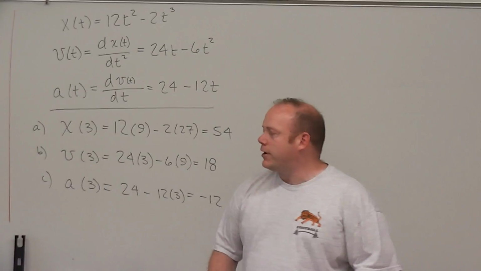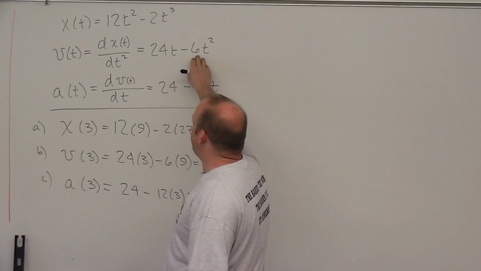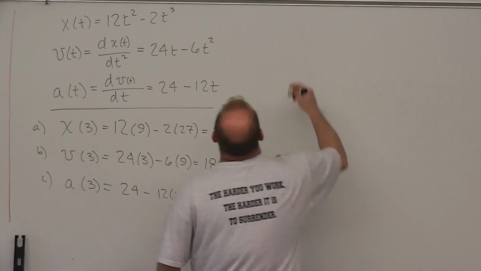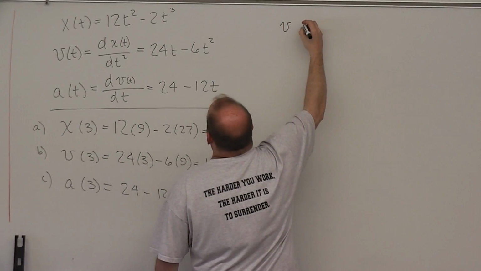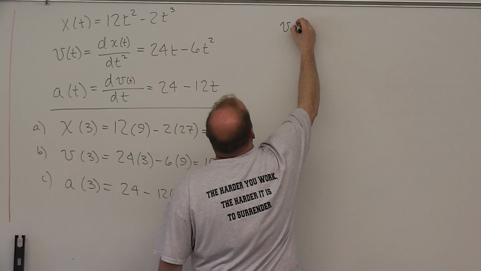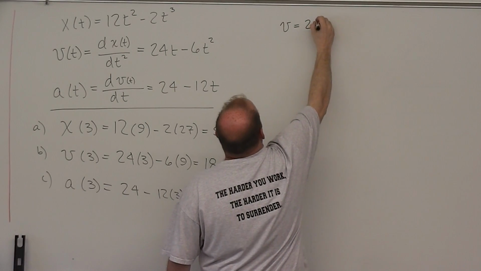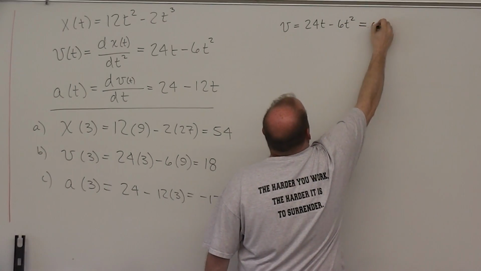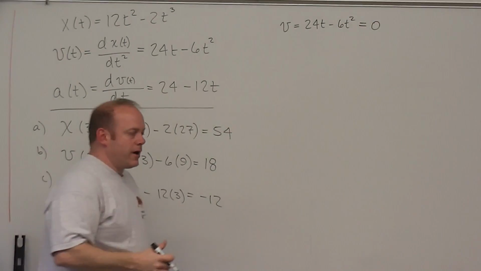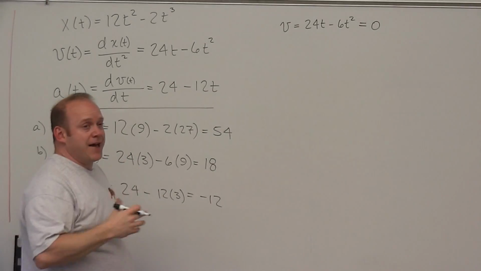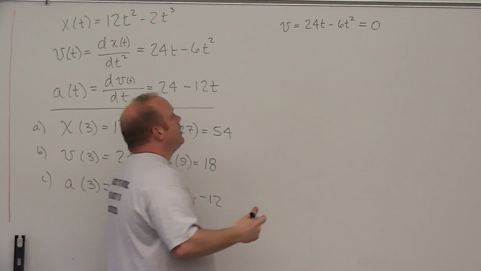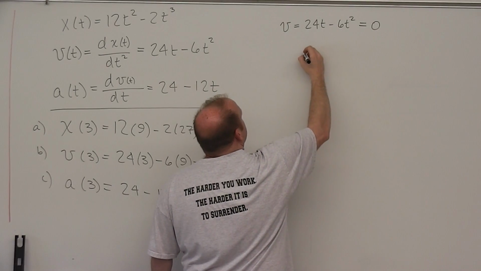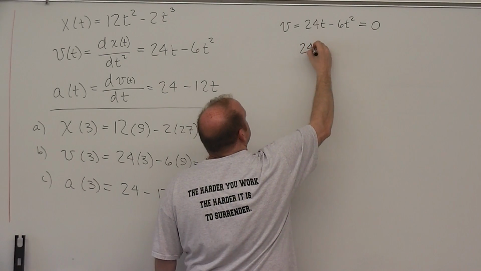So now we've got to take a look at the other case where my velocity is going to equal 0. So now my velocity is equal to 24t minus 6t squared. And I want to set that equal to 0. I want to know where velocity is 0 because that's where I'm going to have a maximum position. So I do this, and I solve for t. I can factor out a t.